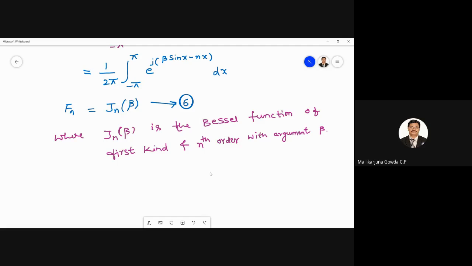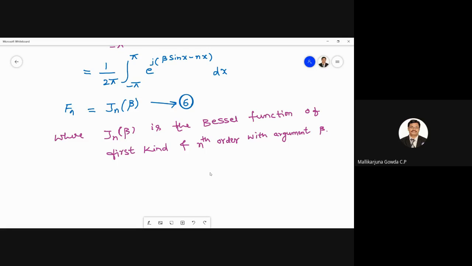Now let me substitute the value of Fn in which equation? I need this value. Where I have written e power j beta sin 2 pi fm t is equal to summation n equal to minus infinity to infinity Fn e power j 2 pi fm n t. There I need to substitute. What is that equation number?